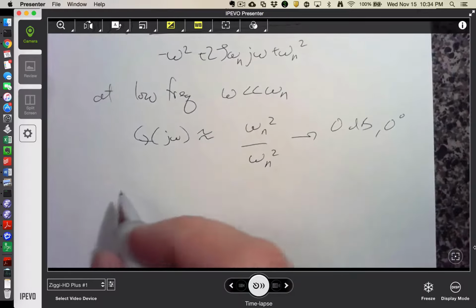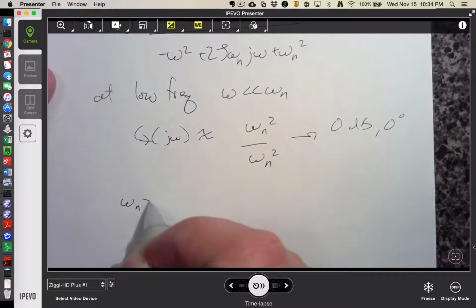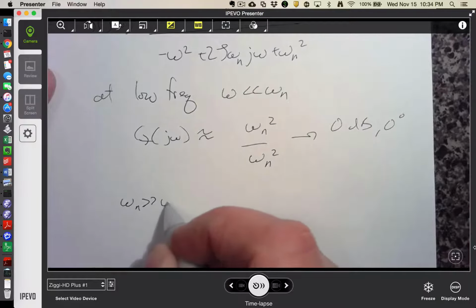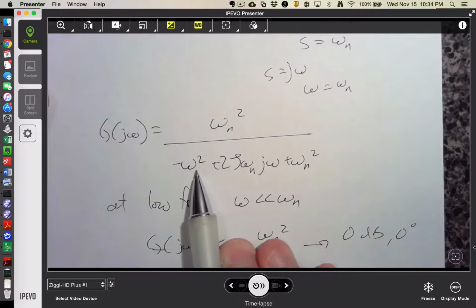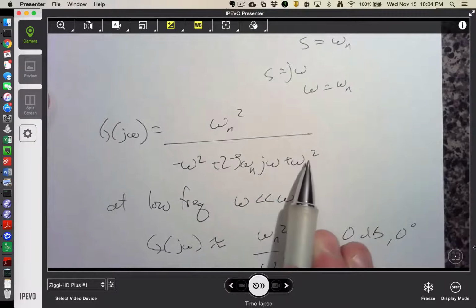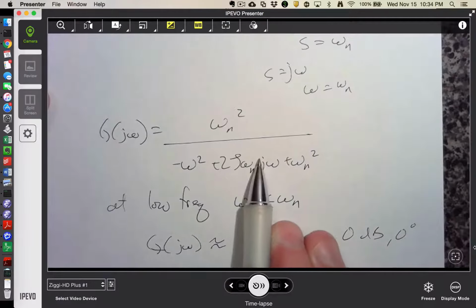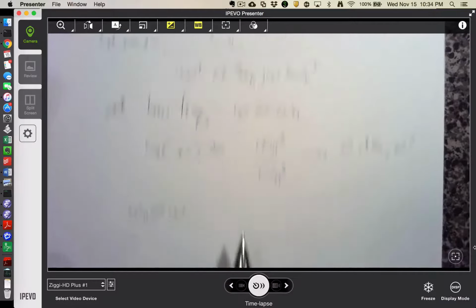Next, let's consider high frequencies, so omega much, much greater than omega n. This term will be very large, certainly larger than this term, but also larger than this term, since omega squared will be larger than omega.